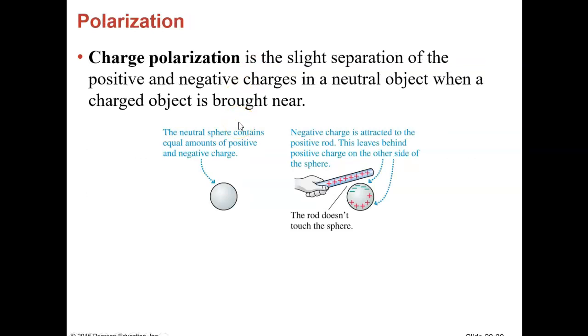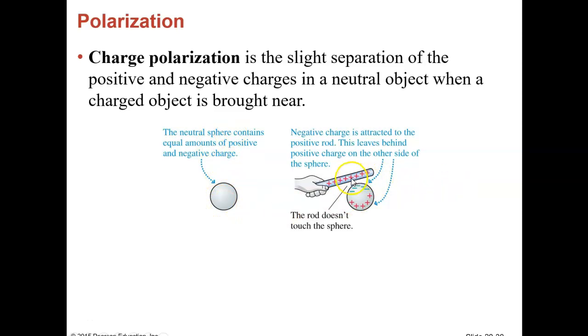Now, part of this is called charging by polarization. When we're talking about the plastic rod touching something, it is a slight separation of positive and negative charges in a neutral object when a charged object is brought near to it. So we have a neutral sphere that has the same number of positive and negative charges.